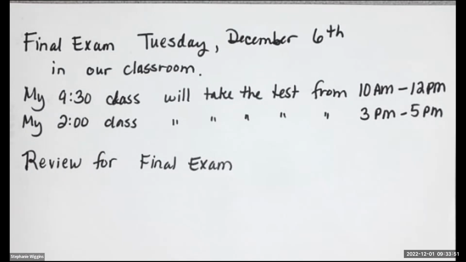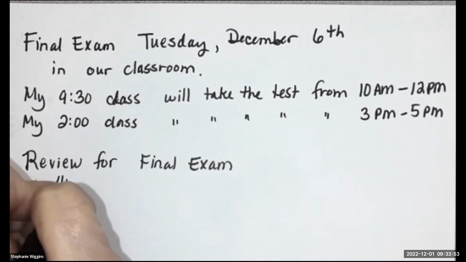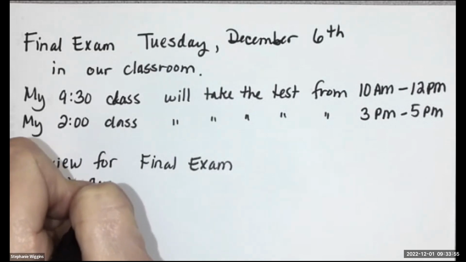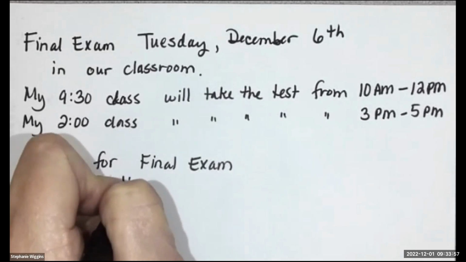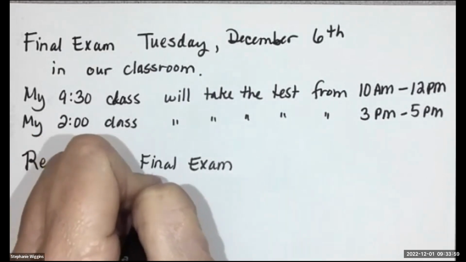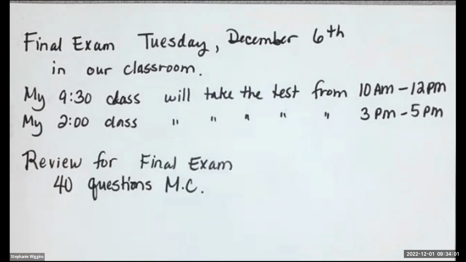There are 40 questions and they are multiple choice, all of them. That's just so I can grade it quickly and get my grades posted. They cover the 4 units pretty evenly, so it's comprehensive, meaning it covers all the content of the course.